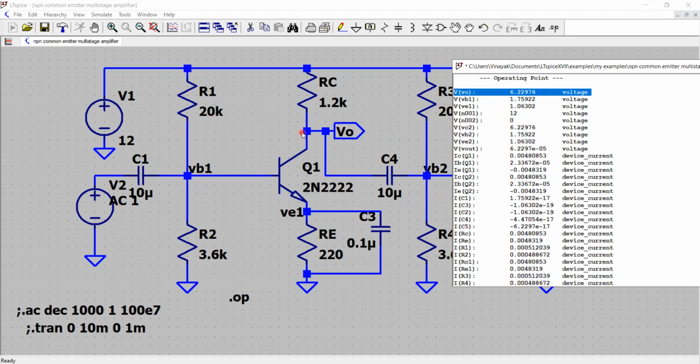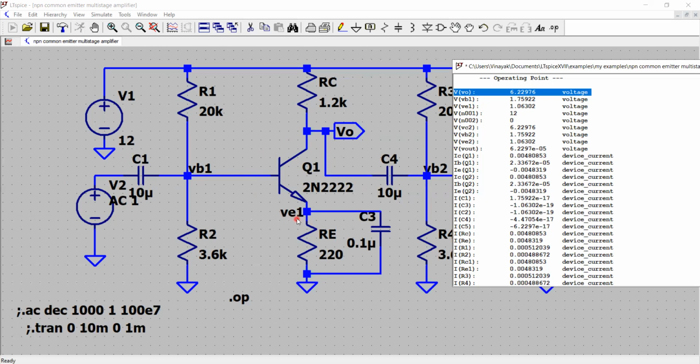So VO is 6.22, VB1 is 1.75. So the difference here is about 4.25. So obviously the voltage at the collector is much greater than the VBE of the transistor Q1.